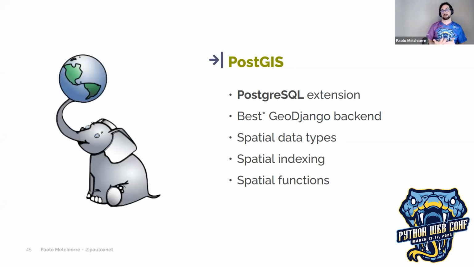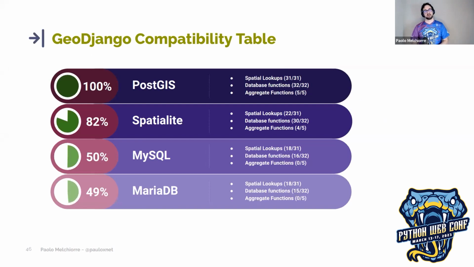PostGIS is a Postgres extension, and it's also the best database backend for GeoDjango. It internally integrates spatial data and has spatial data types, indexes, and functions. In this chart, I tried to synthesize the compatibility table of the open source geographic database backends supported by GeoDjango.